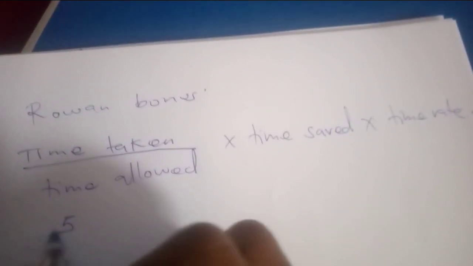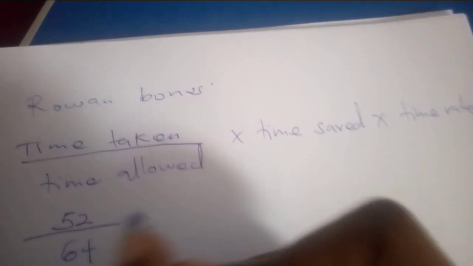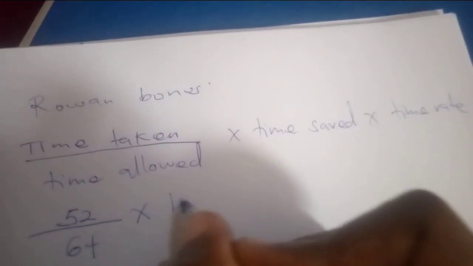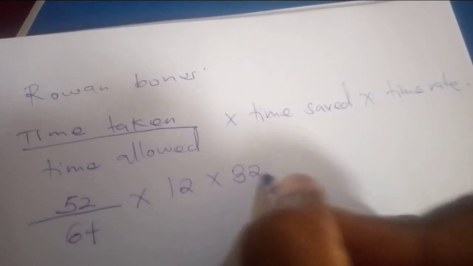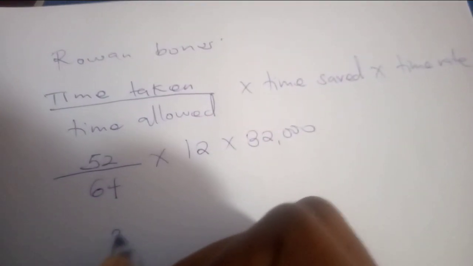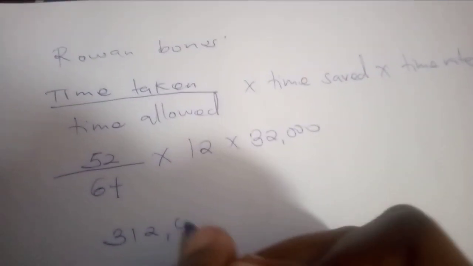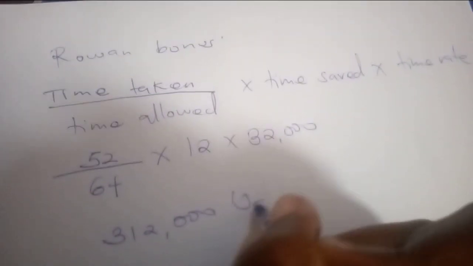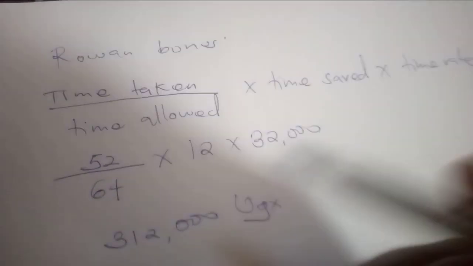So the time taken was 52 hours, divided by the time that was allowed, 64 hours, times the time saved, which is 12, times the time rate, which is 32,000. And what we get is 312,000. That's the bonus under the Rowan method.